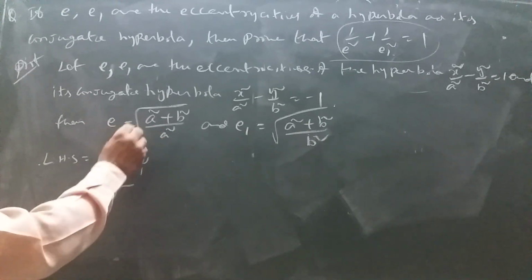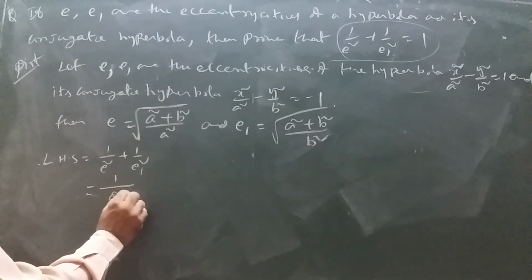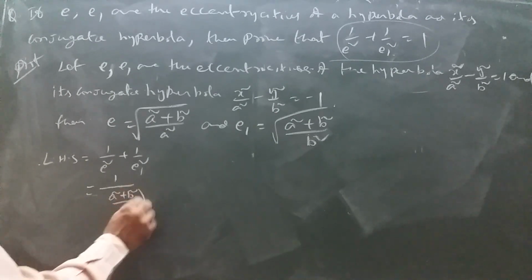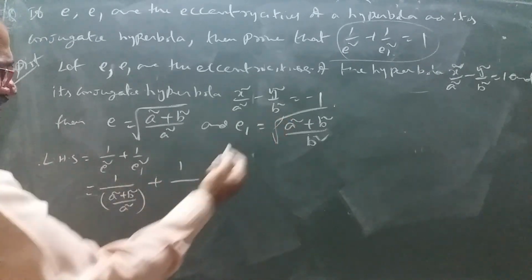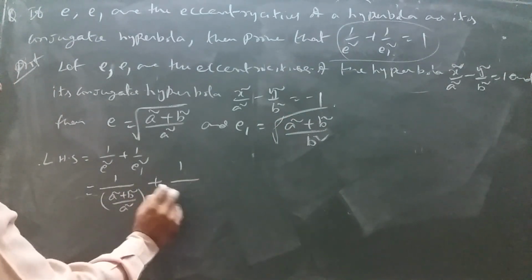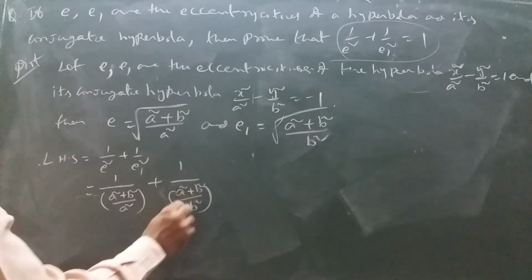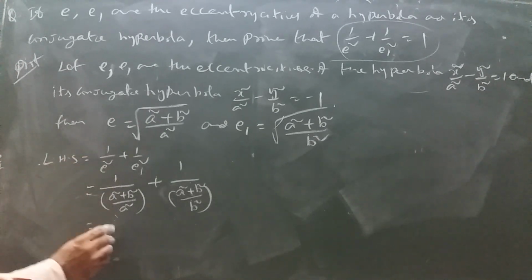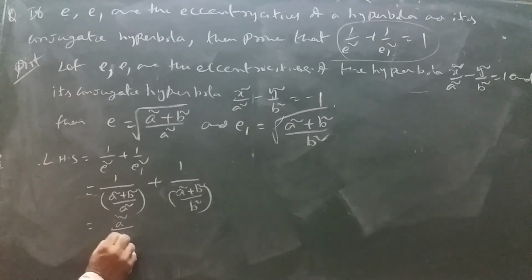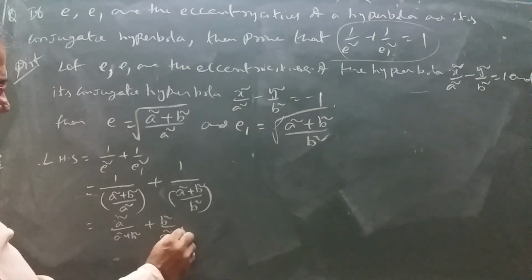Squaring, the root will be cancelled, so this becomes a square by a square plus b square, plus 1 by E1 square, which is b square by a square plus b square.